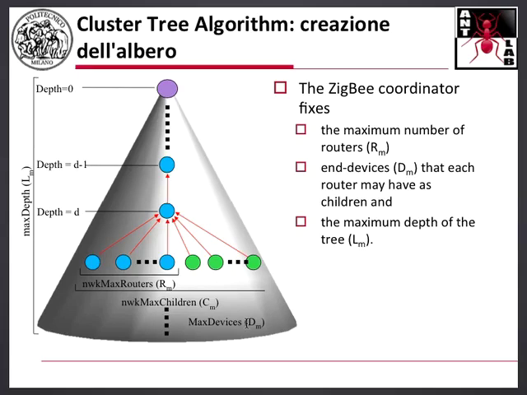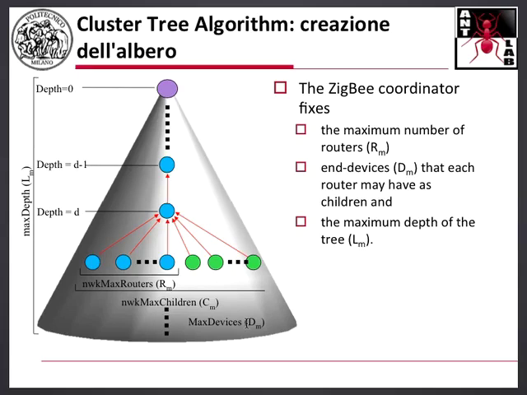By definition, depth 0 is the ZigBee coordinator. So layer 0 is the ZigBee coordinator node. As you go down, you may have different layers at different depths, meaning at different distances from the ZigBee coordinator, the root of the tree.